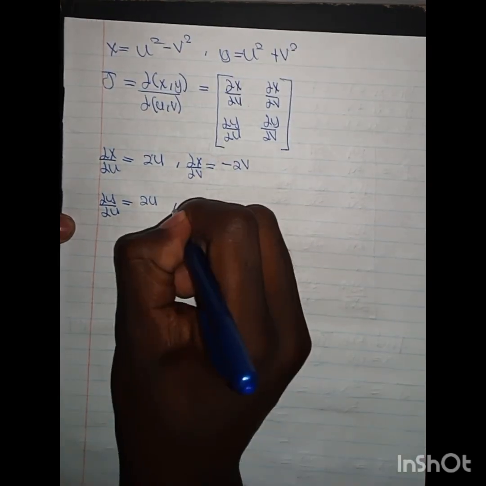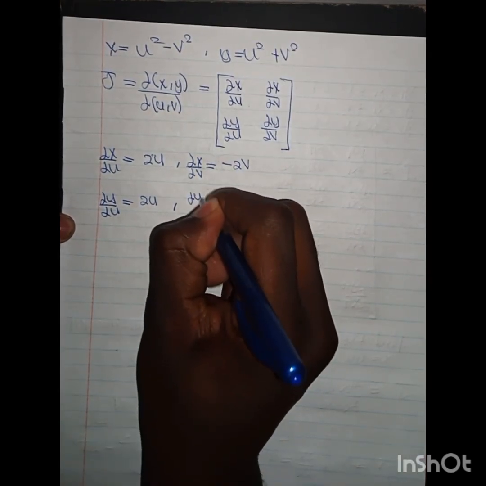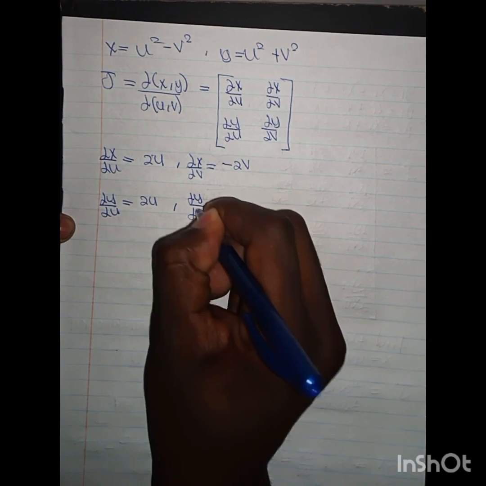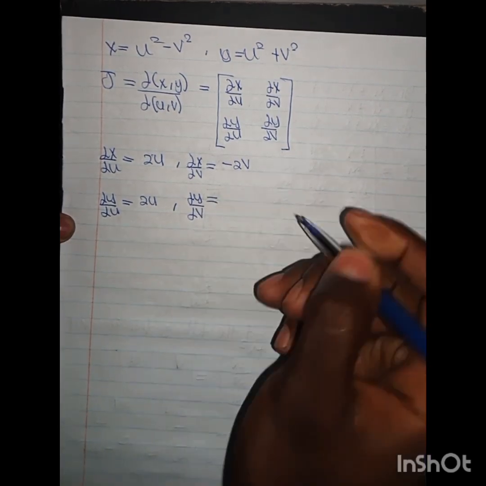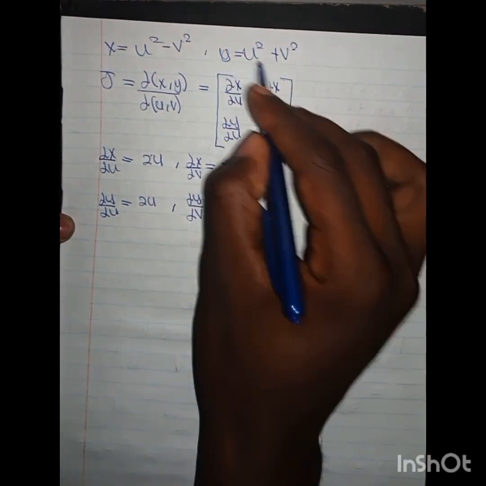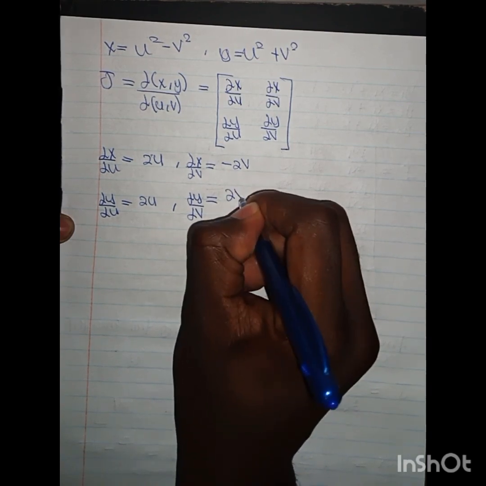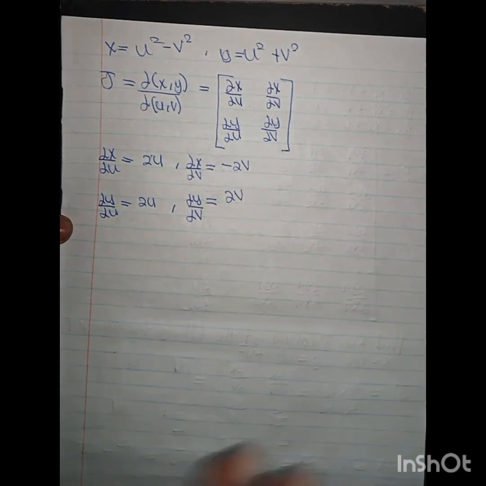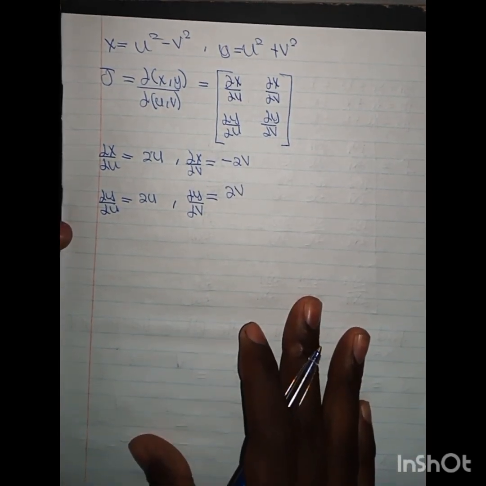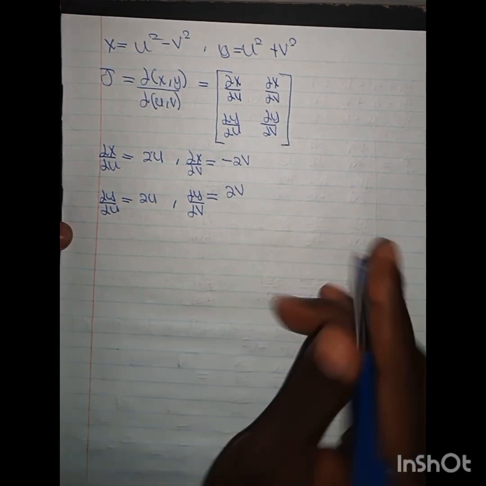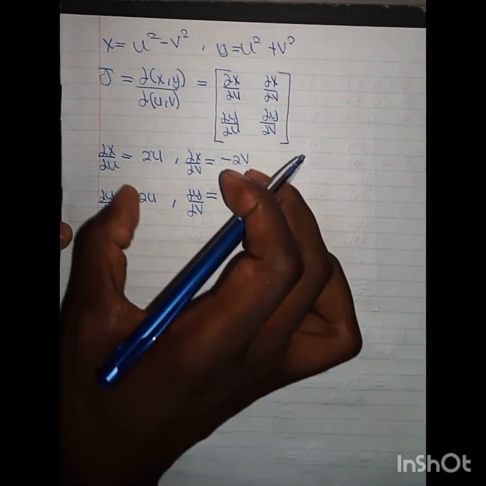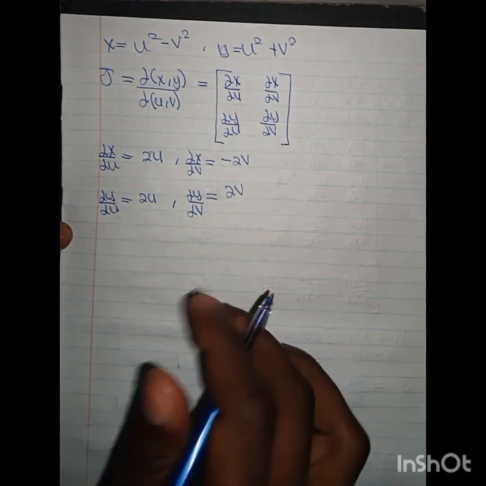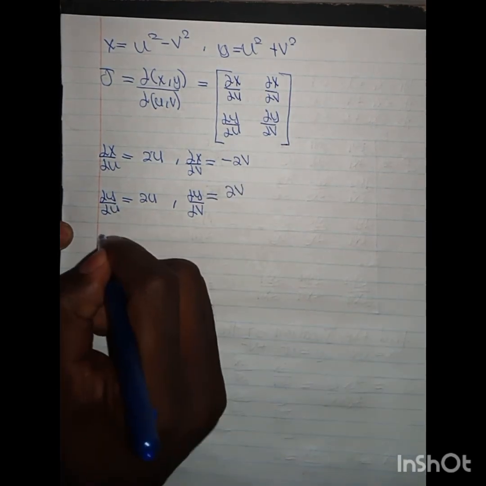So now we find dy/dv. We differentiate this equation with respect to v. It's nothing but 2v. So when we're at this point, it means now we can represent this information in the form of our Jacobian matrix.